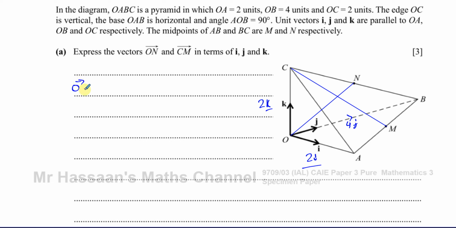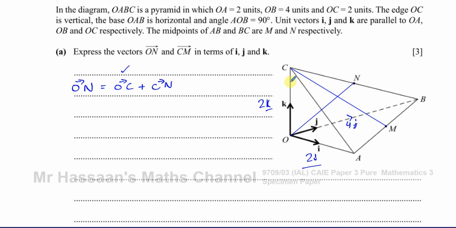So let's see how to get from O to N along a route that we know. I can say that O to N is like O to C plus C to N. I'm just going to do it in terms of letters first. I know what O to C is. That's 2K. C to N, do I know what it is?